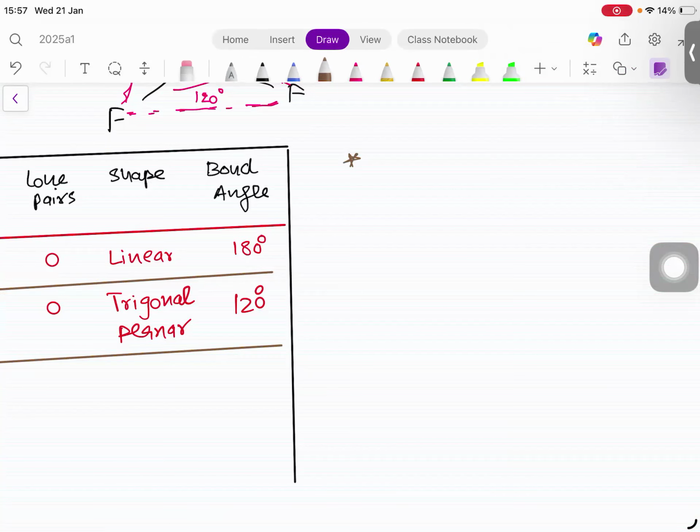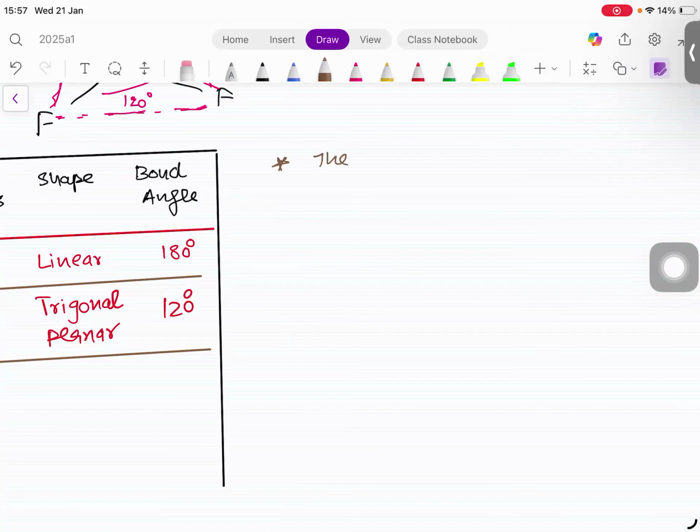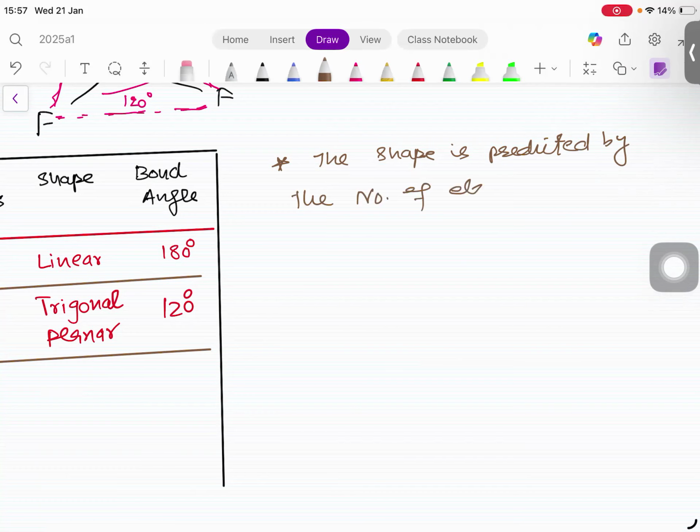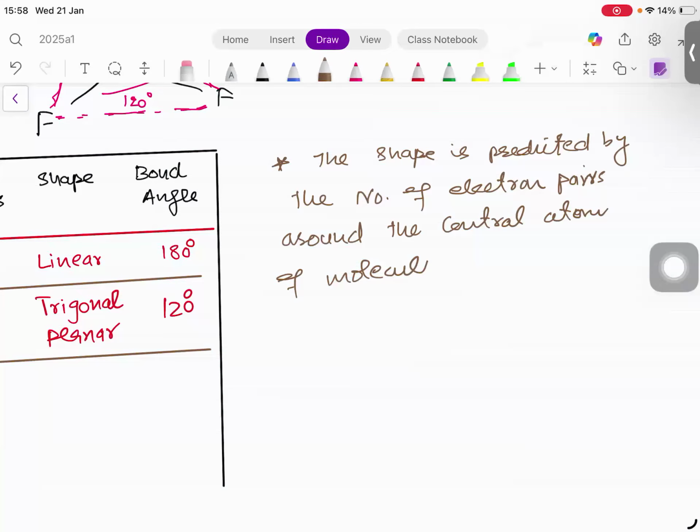Although we don't need them in words, we should write: the shape is predicted by the number of electron pairs around the central atom of a molecule.